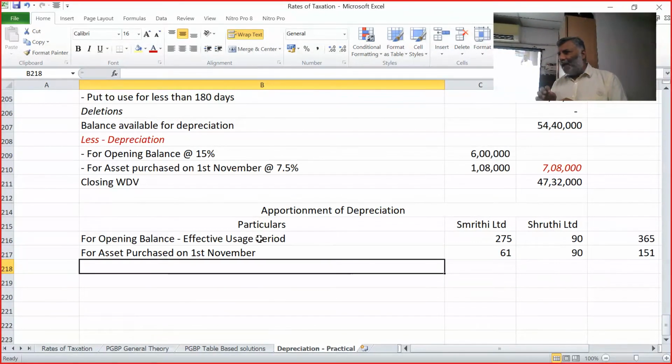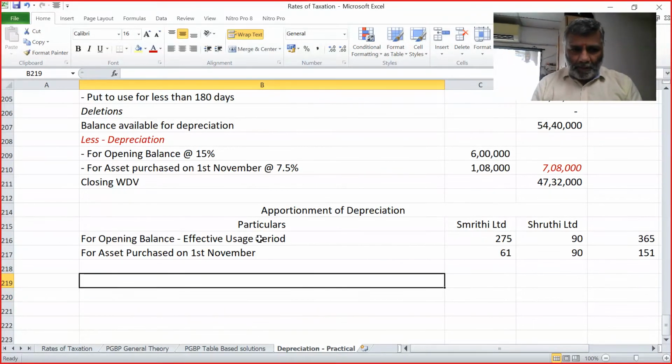This is the most important wording, that's why I have highlighted effective usage period. Till you compute depreciation, no change. Such computed depreciation should be distributed amongst the entities on the basis of effective usage period.